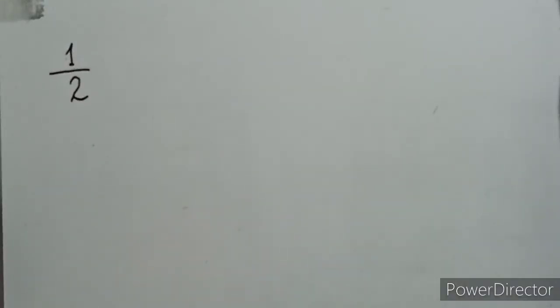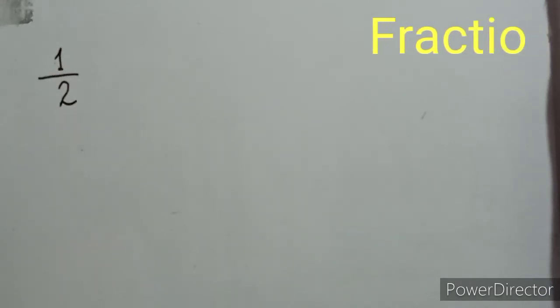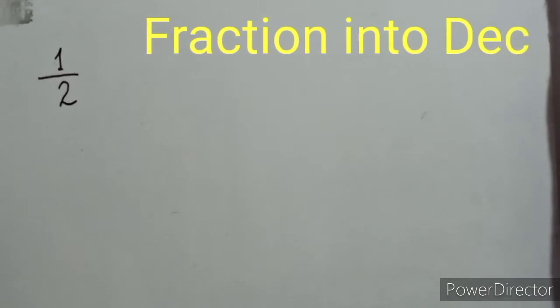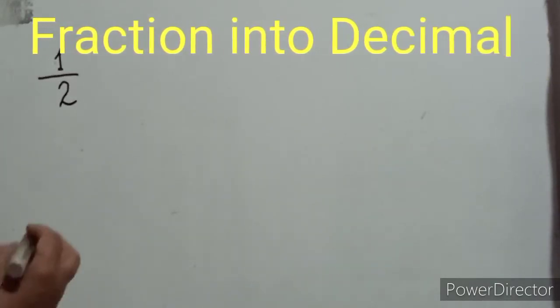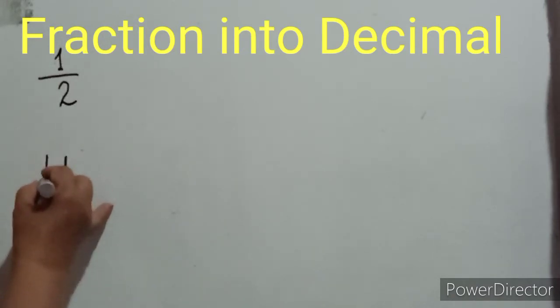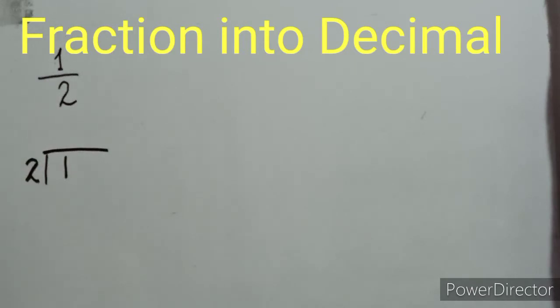So let us start. Okay, so let us take 1/2 as our first example. To change a fraction into a decimal number, we need to divide the numerator by the denominator. So we have 1 divided by 2. Of course, we know very well that 2 does not go into 1.